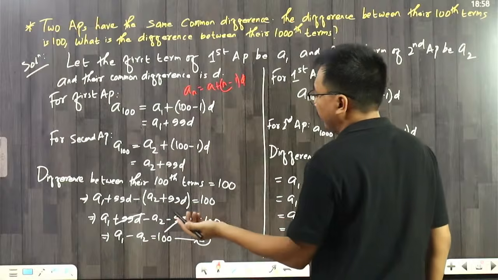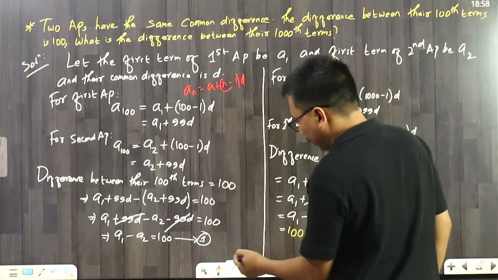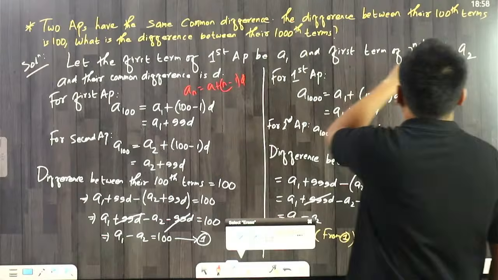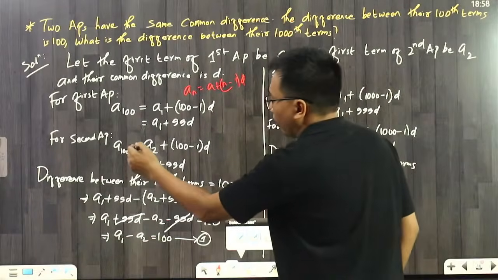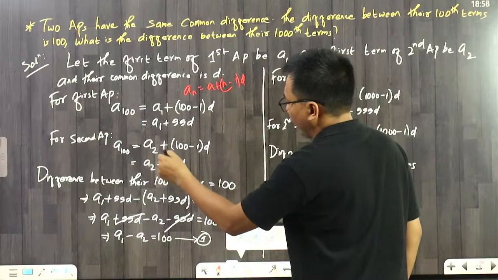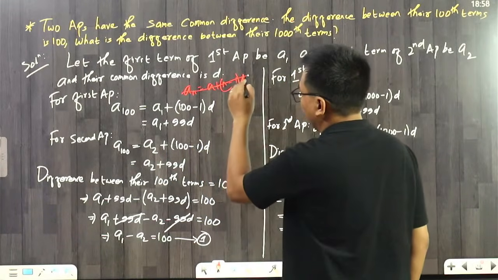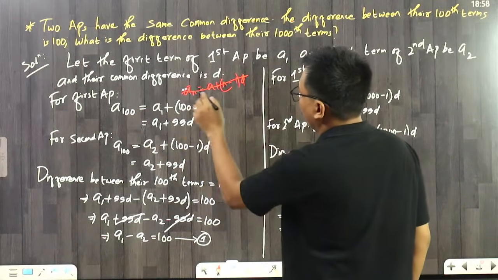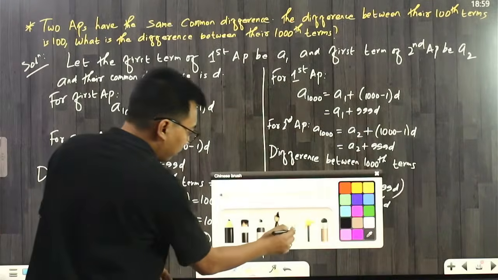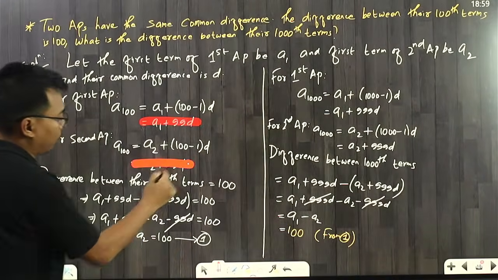So A1 plus 99d. Similarly for the second AP, the first term is A2, 100 minus 1 is 99, so A2 plus 99d. That's how we got these two values.